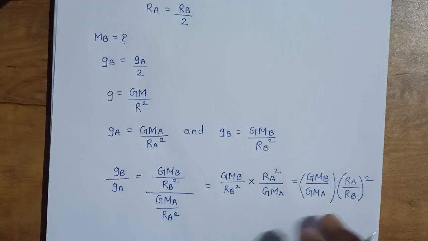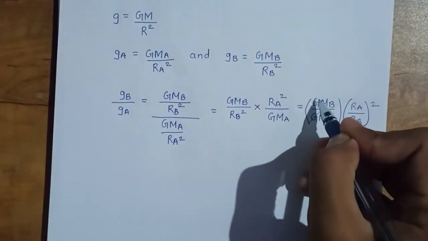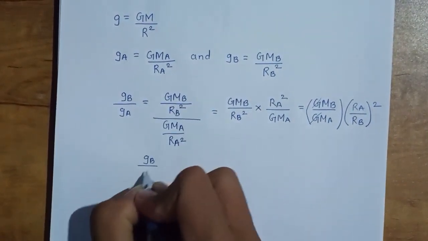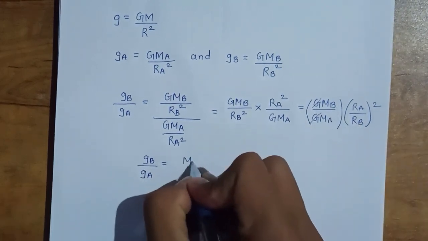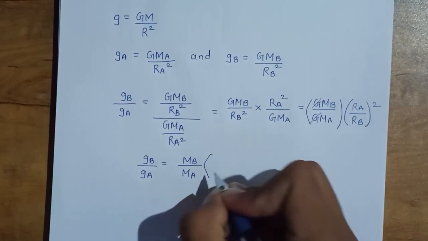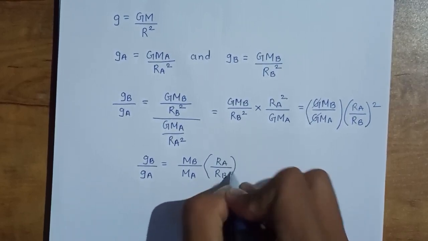So here G and G will get cancelled. What is remaining? Gb by Ga equals mb divided by ma into Ra by Rb the whole square.